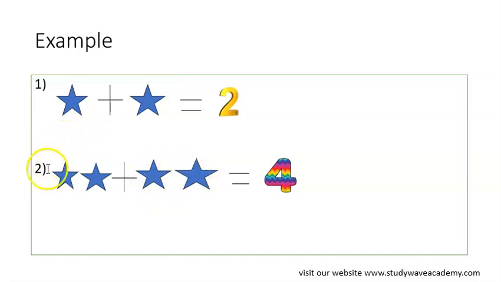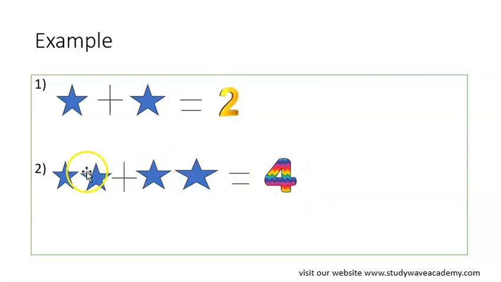We are going to add all the stars together by counting them together to get our answer, right? Okay, let's count. We have 1, 2, 3, 4. How many stars do we have? We have 4 stars. And what number is this?